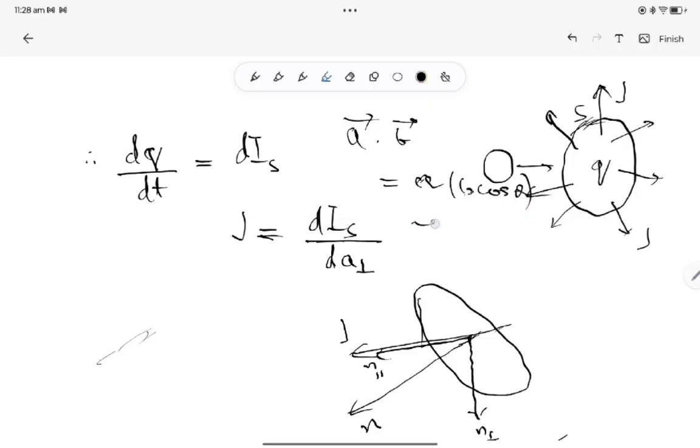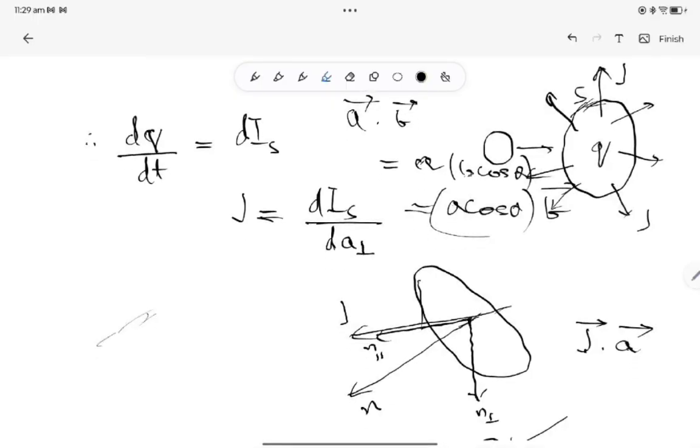Or you can have A cos theta into B, the component of the first vector in the direction of the second, into that. So you have choices here. Between J dot A, you can take the component of J in the direction of A into full A, or you can take full J but only with the component of A in the direction of J. And now I hope you understand these things.